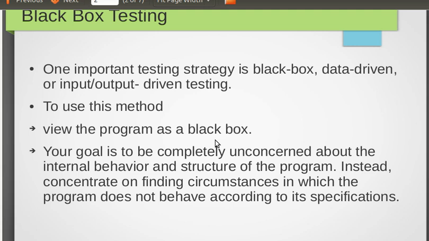So we view the program as a black box. That is, we don't look at the internal structure or program logic of the program, and at the same time we try to feed in a large number of inputs to identify whether the correct outputs are given or not.